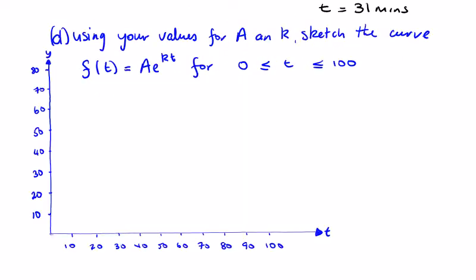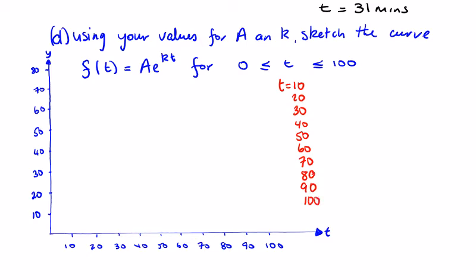Part D, we're told to use our values for A and K. Sketch the curve f of t is equal to A e to the power of KT between 0 and 100 for t. They've given us this graph from 10 up to 100, so let's use all these values. So t is equal to 10, 20, 30, 40, 50, 60, 70, 80, 90, and 100.